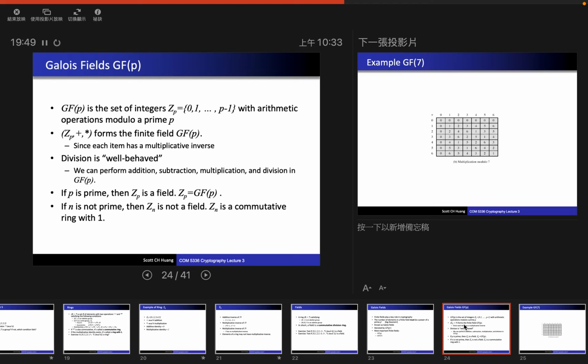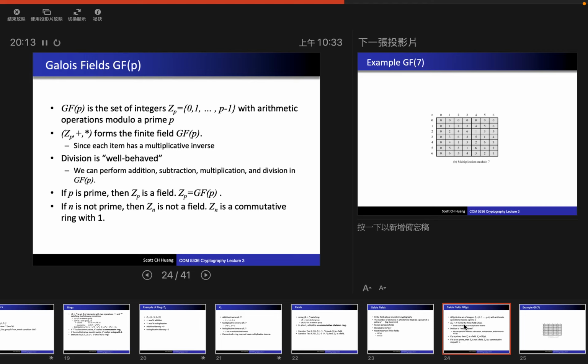To name those p elements, we generally include 0 because 0 is necessary, we have to have an additive identity. So we go from 0 to p minus 1. Altogether we have p elements, and two arithmetic operations are defined: addition mod p and multiplication mod p.